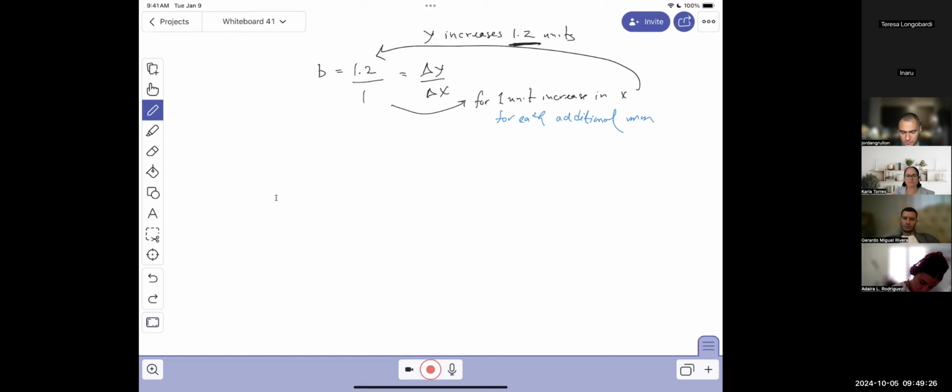For each additional millimeter of the femur, right, the femur, so the leg bone, the arms are longer than the legs. Ew, insects, right?